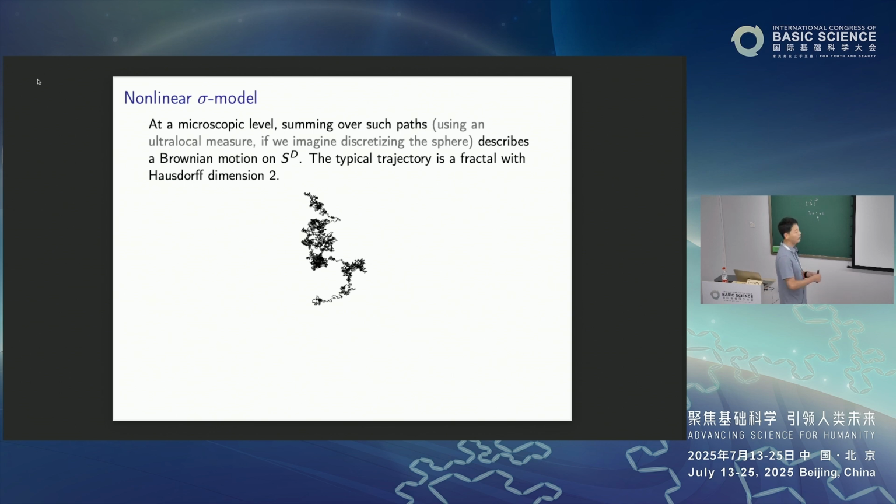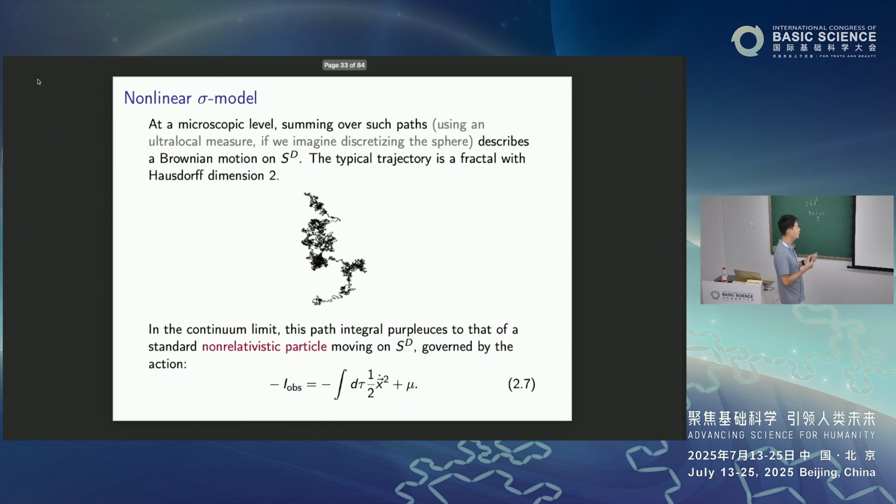At the microscopic level, summing over such random paths is nothing but Brownian motion with Hausdorff dimension 2. That means in the continuum limit, this reduces to a non-relativistic particle moving on S^D with the standard non-relativistic action.